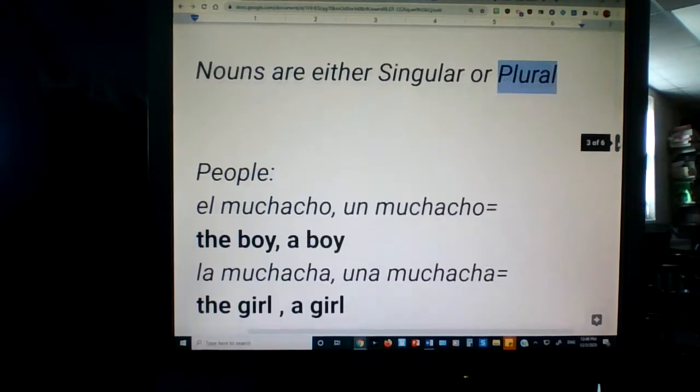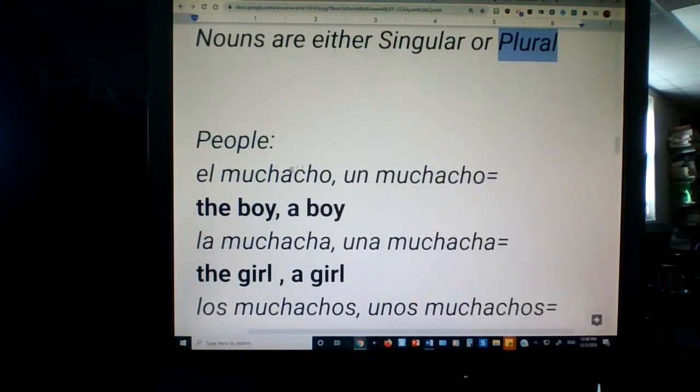Now, people. Let's take a look here, okay? Muchacho and muchacha are two different words. Technically, if you just switch the O to an A, it makes it feminine. Yes, that's pretty much what you're doing in this case. But they are actually two different words, okay? So muchacho is boy, muchacha is girl.